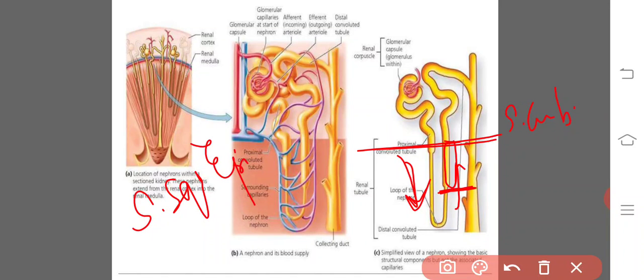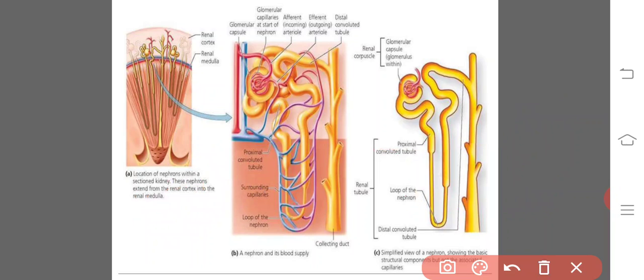So the descending limb and the anterior portion of the ascending limb are both covered by simple squamous epithelium, and the distal portion of the ascending limb, somewhat thick, is lined by simple cuboidal epithelium tissue. Right? Then coming to the distal convoluted tubule.